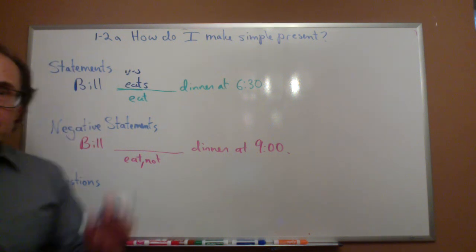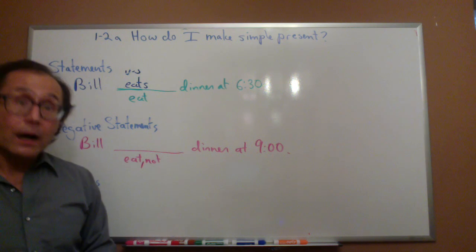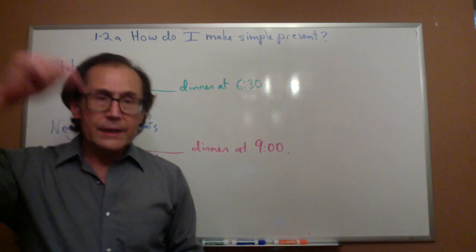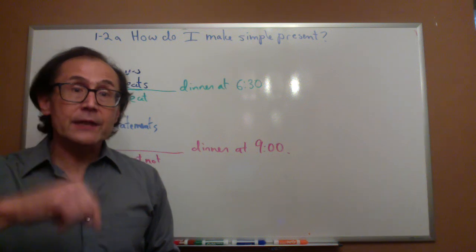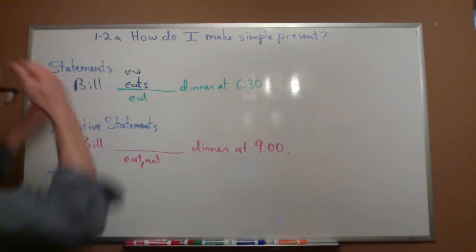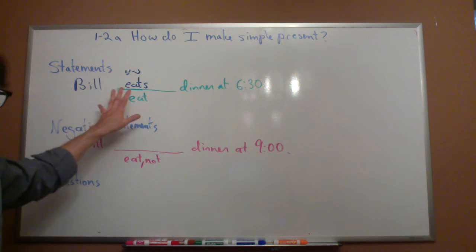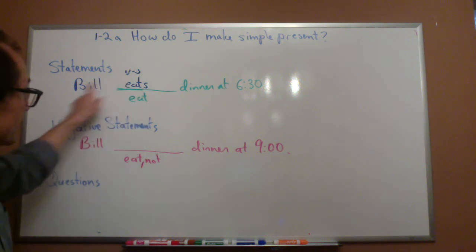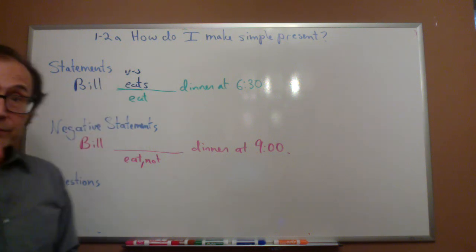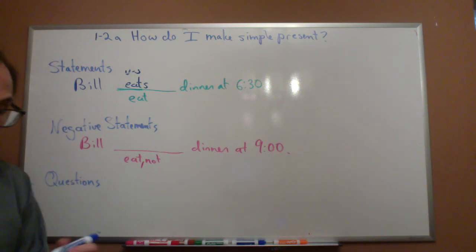Negative statements in simple present are a little bit weird because in English, I have to add an extra word when it's a negative statement. For an affirmative statement or just a regular statement, he, she, it, S; I, you, we, they, no S. He, she, it, like Bill, uses an S. I, you, we, they, no S. But for negative statements, I need to add another word.